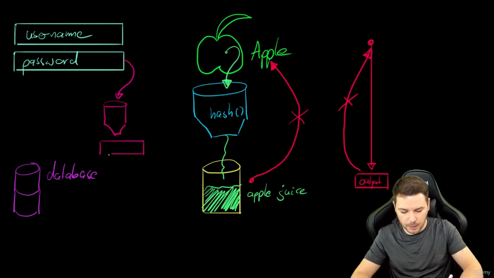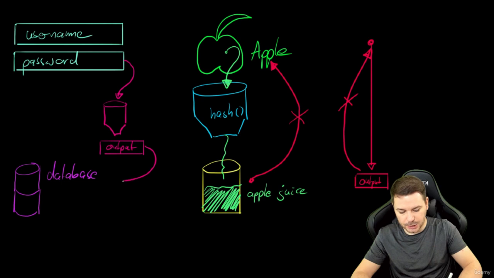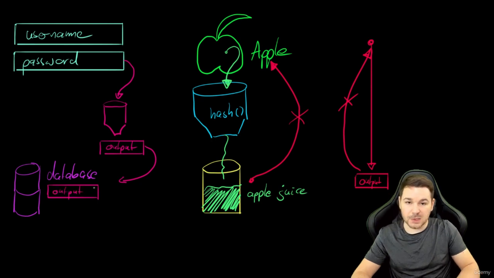Then we get back our output, and this is now the hash. Instead of storing the clear text password, we are now storing the hash in this database. So this is the hash of this user over here. This means if we cannot get back to the clear text password, we can also not see what the real password of this user is.